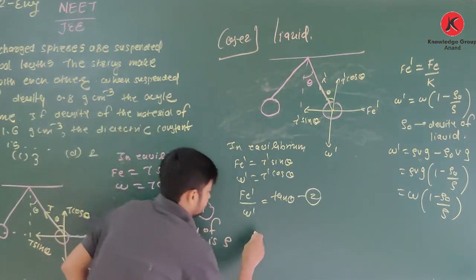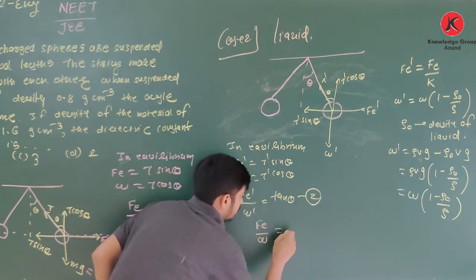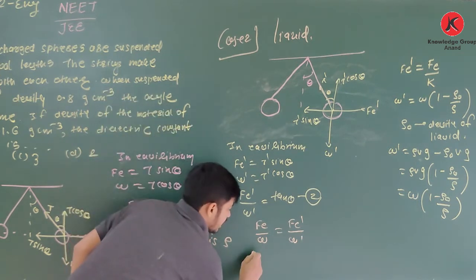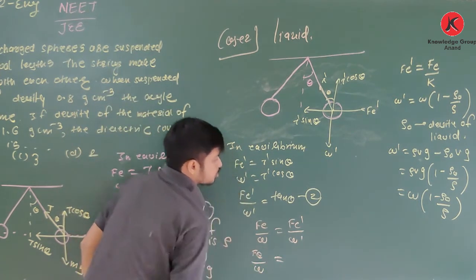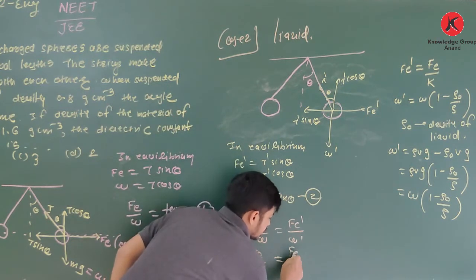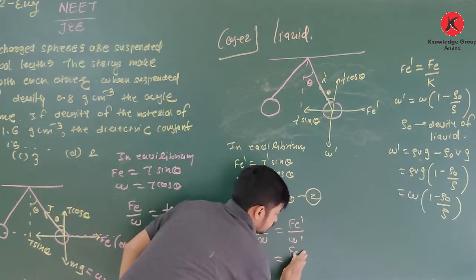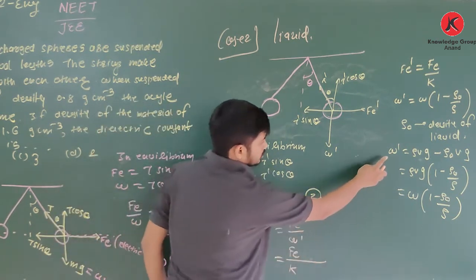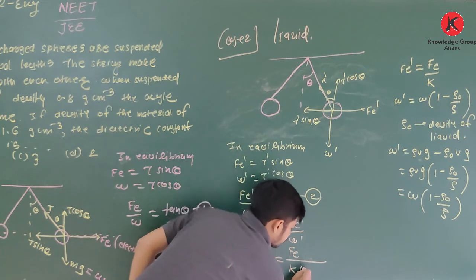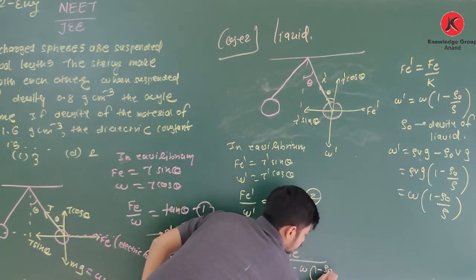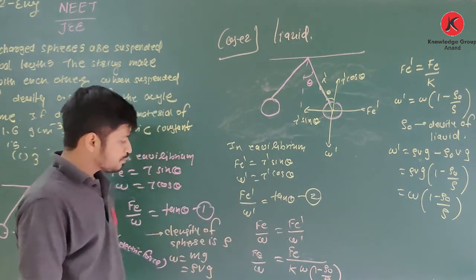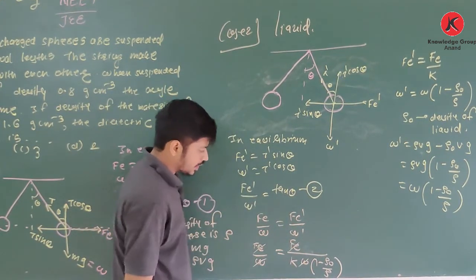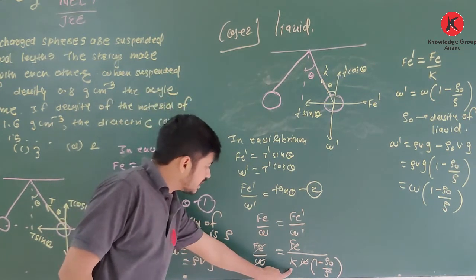Now compare these two equations. Fe upon W is equal to Fe dash upon W dash. What is Fe dash? It is Fe upon K. And W dash is equal to W times (1 minus rho 0 upon rho). Fe cancels, W cancels.